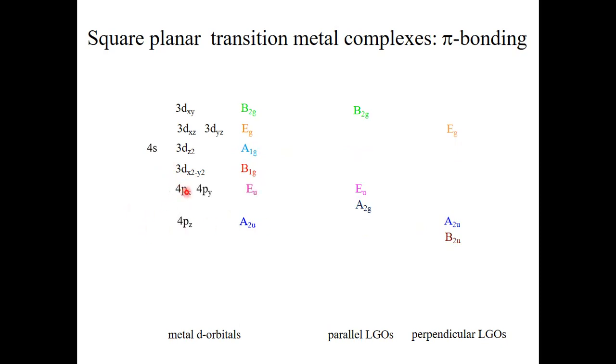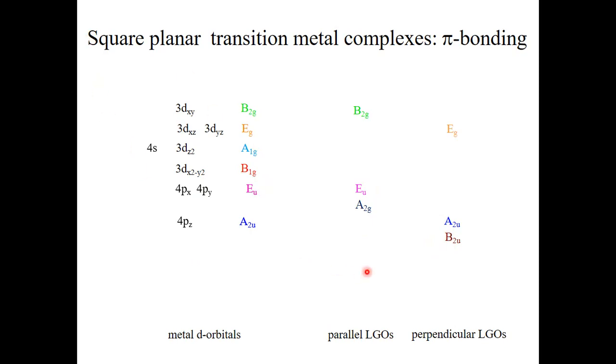Now the 4px and the 4py, which have Eu symmetry, can interact with the parallel ligand group orbitals, which are also Eu symmetry. So that means that one of the ligand group orbitals, the one which has B2u symmetry, will remain non-bonding and will not be able to make any pi interactions.